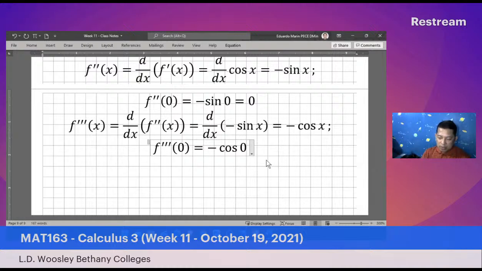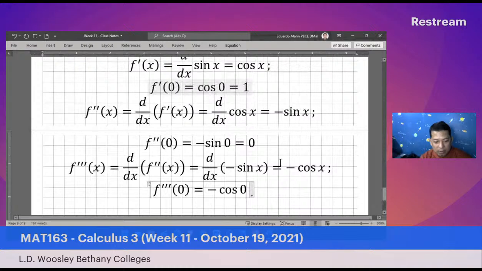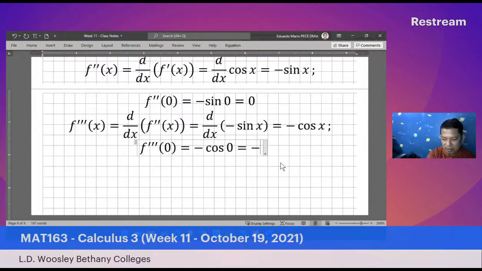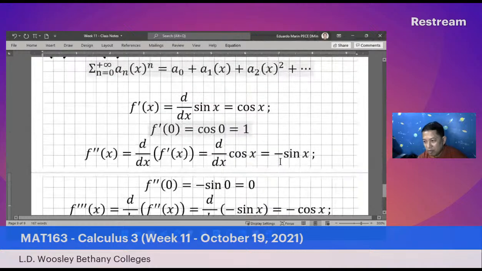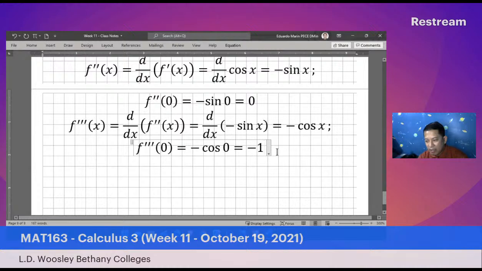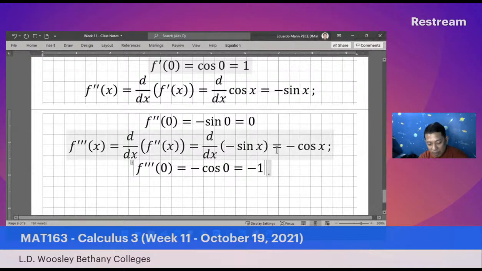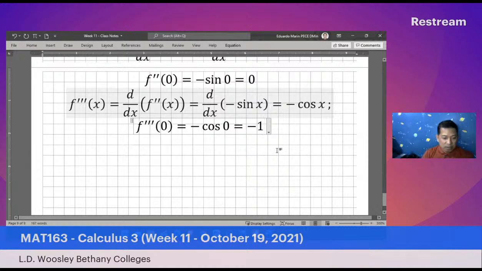What's negative cosine of 0? Cosine 0 is 1, so therefore negative 1 is the answer. Okay, negative 1. So we could hear the pattern: 0, 1, 0, negative 1, and then 0, 1 again, 0, negative 1. Ulit, 0, 1, 0, negative 1, 0, 1, 0, negative 1. So there could be a pattern. Yan yung pattern natin.